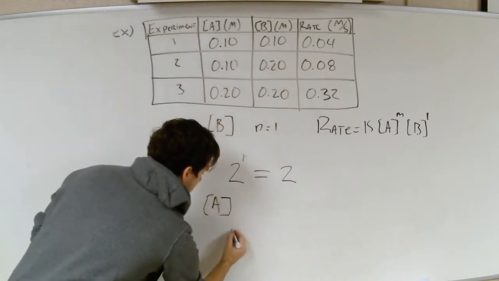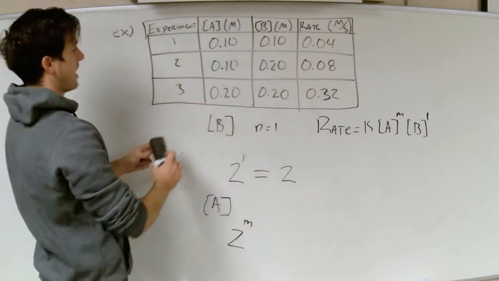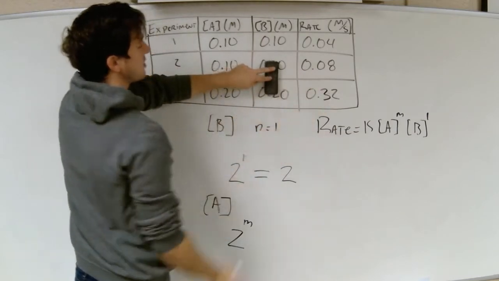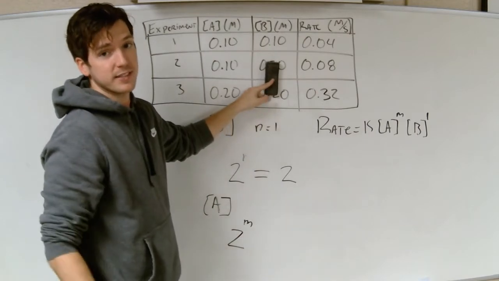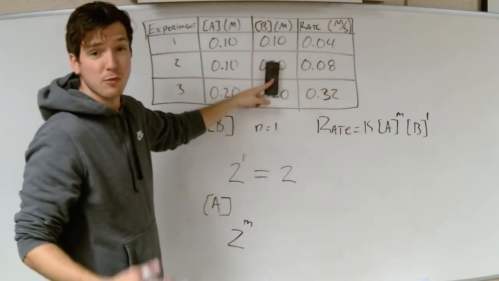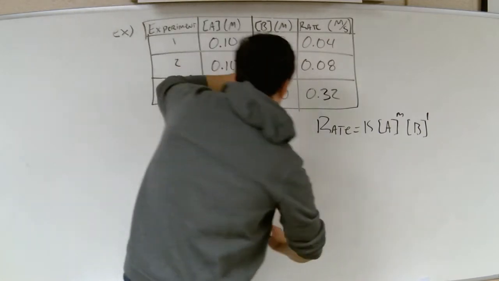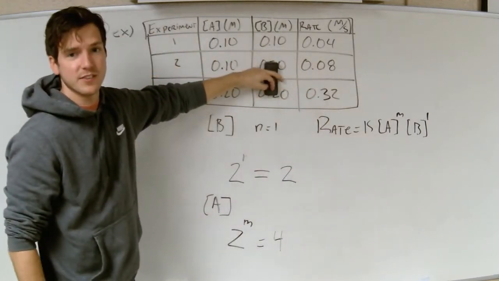So I will once again put a 2 right there with my exponent m. When I doubled the concentration, what happened to the rate? Well, when I doubled the concentration on reactant A, it looks like my rate quadrupled. It went from 0.08 to 0.32. So I am going to put a 4 right down there.